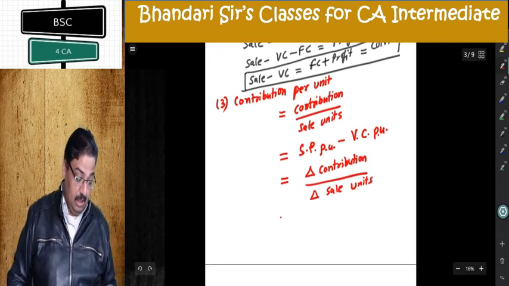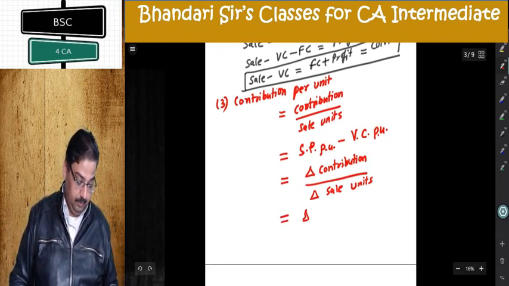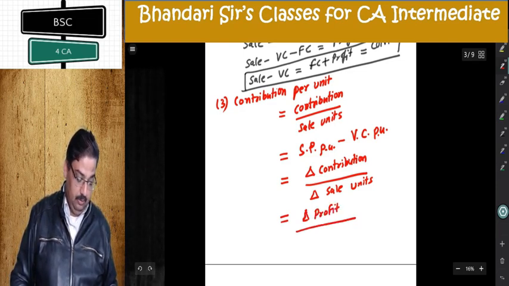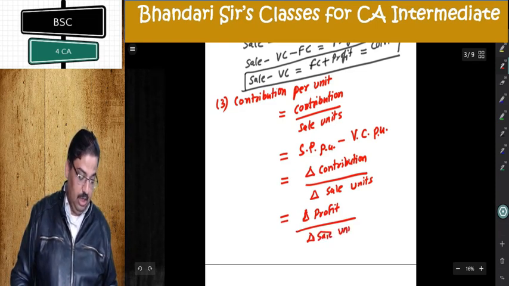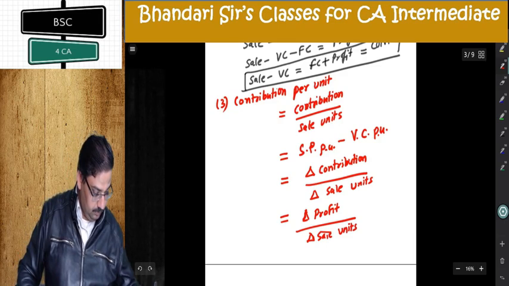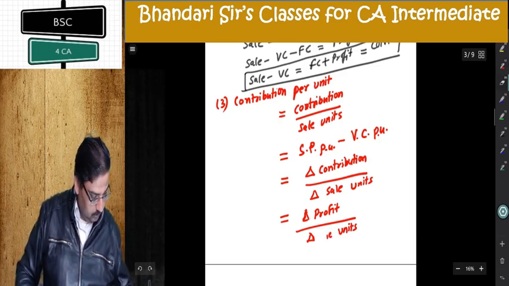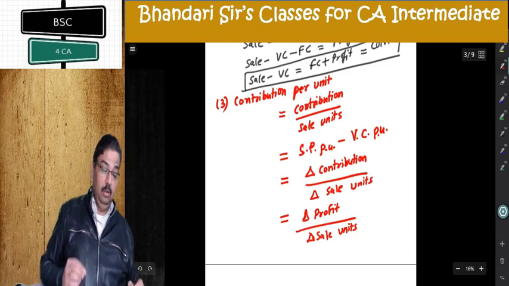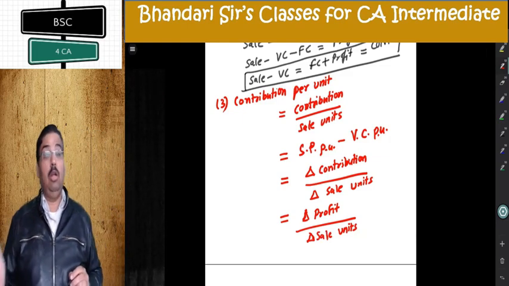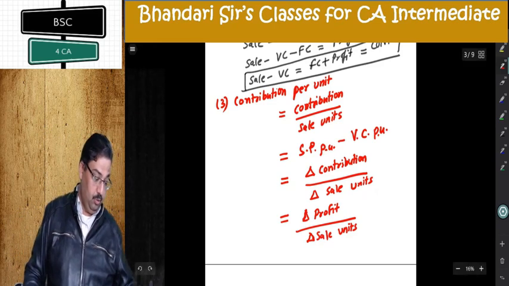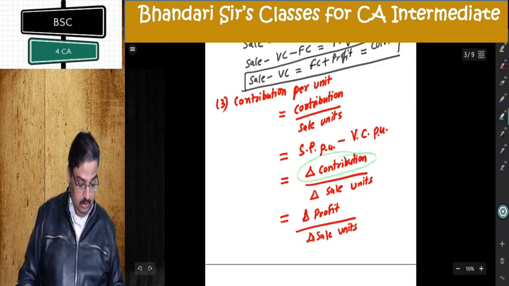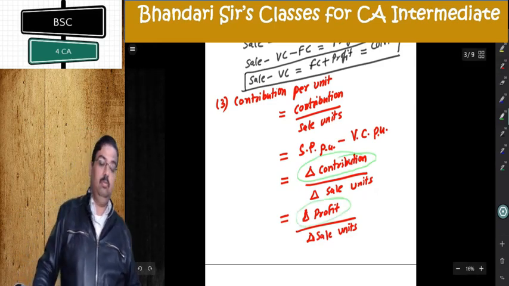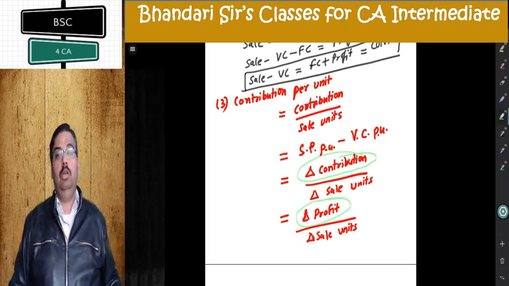Another formula that may surprise some students: change in profit divided by change in sale units. What I have done, I have substituted the term contribution with profit. If you check these, there's a change. The denominator is the same.